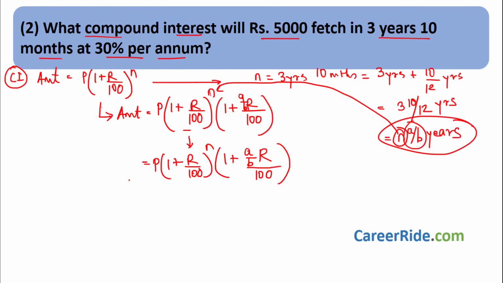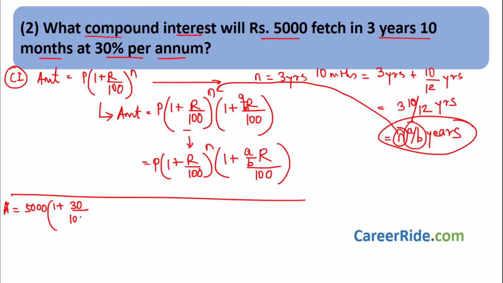What do we get over here? The amount would be equal to principal 5,000 into (1 + 30/100) raised to 3 into (1 + 10/12 multiplied by 30/100), where a by b is 10 by 12 as we have calculated. This second bracket is not raised to anything.